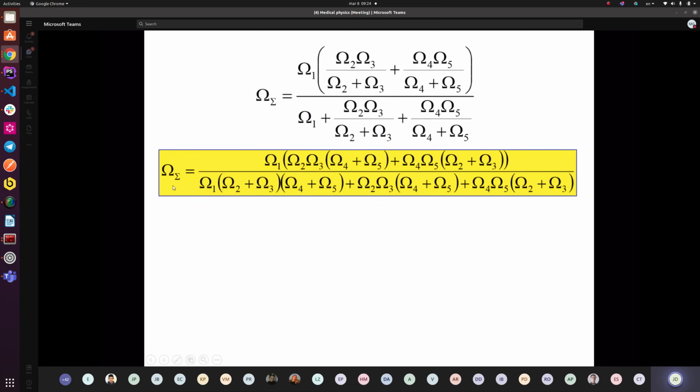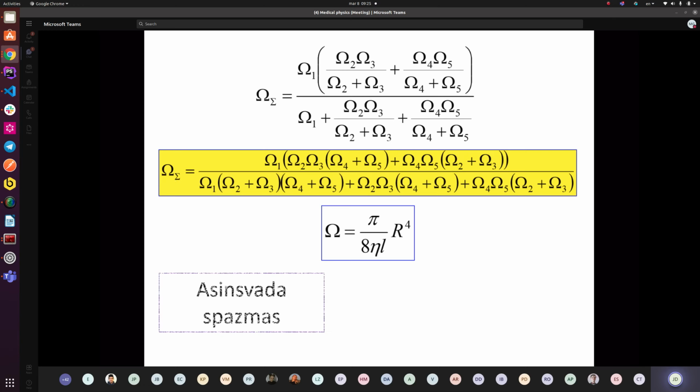In spite of the fact that this blood vessel is very far from the heart, it has a strong influence on the summarized conductivity because of the R to the fourth power. A little bit of spasm, a little bit of muscle pressing on the blood vessel, and immediately the entire conductivity of the blood system is changed.